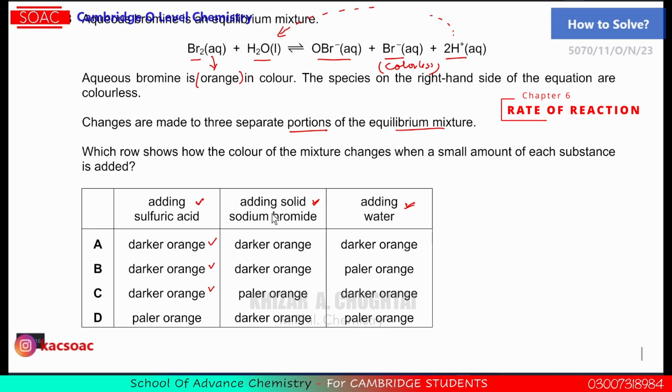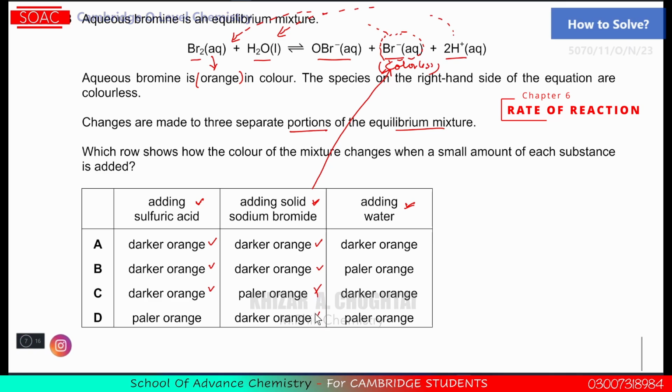Next column, adding solid bromide. In this case, again, we are indirectly adding Br negative ion in the form of solid bromide. So again, if we increase the concentration of Br negative ion, then equilibrium will be shifted towards the left hand side. And again, there will be dark orange color.